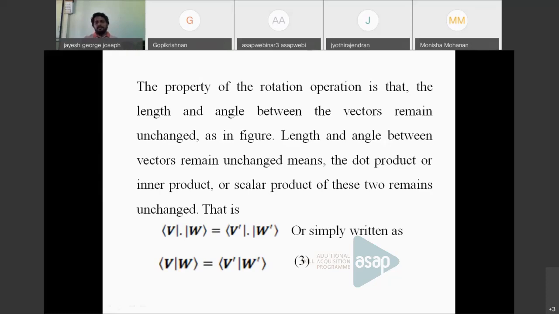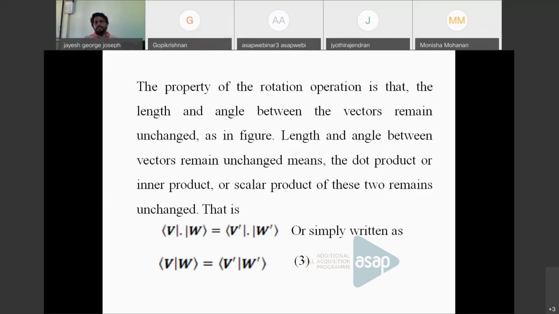These three names are used to represent a single entity. You can say dot product, inner product or scalar product, but inner product is the more general one. To understand it more easily, I took the other two, dot and scalar. Scalar means the result of this product is a scalar quantity.